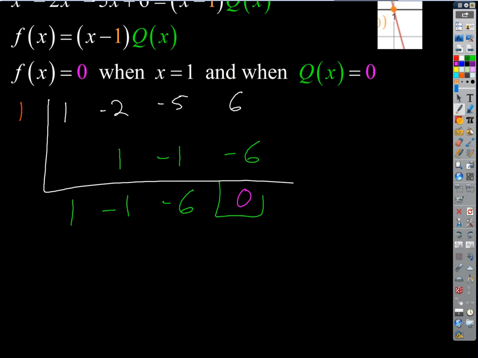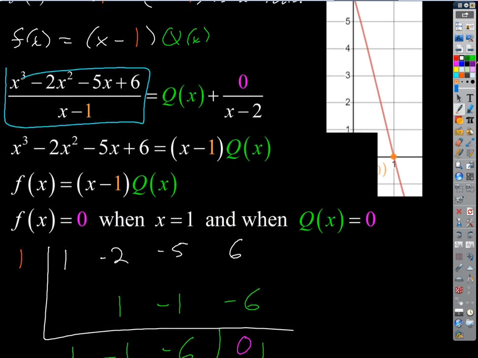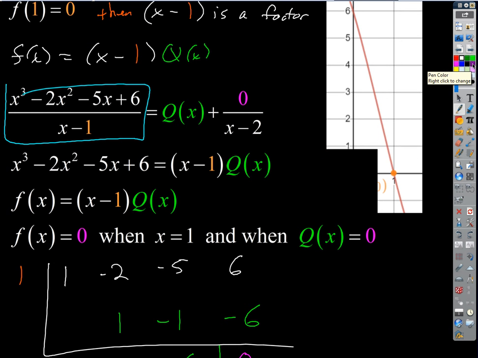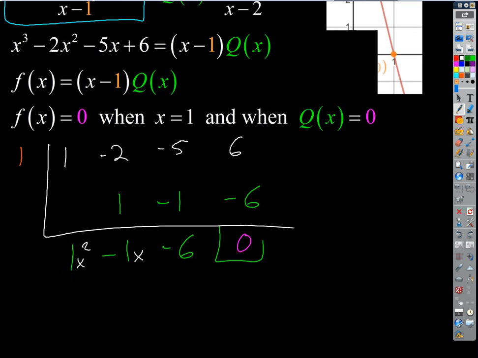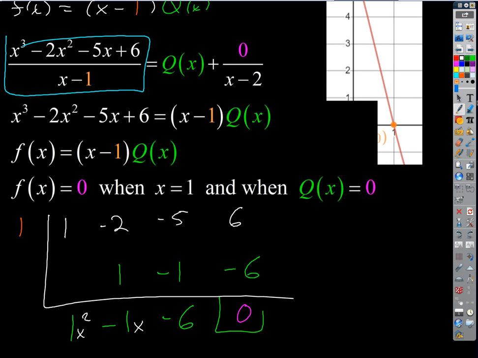Okay, so what's that tell us then? That q of x, right? When we divide this out, q of x is equal to that polynomial with no remainder. So that's 1 x squared minus 1x minus 6 plus 0 over x minus 2, right?